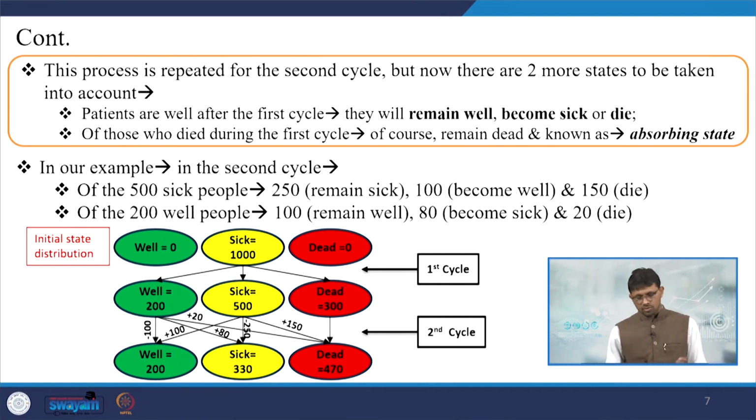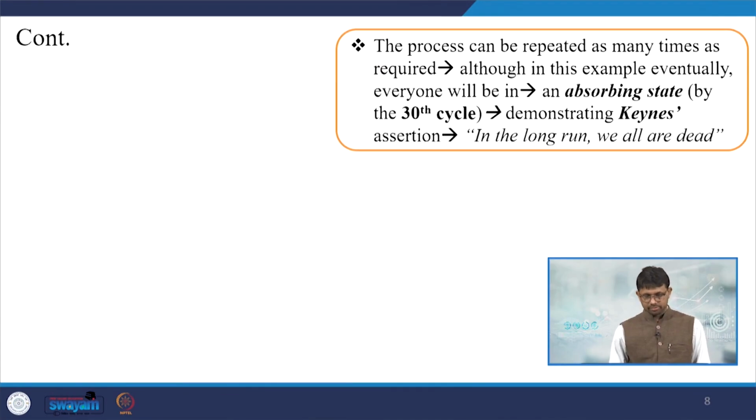Now, if we add all together, we find in total how many are dead and how many are sick by the end of the second cycle. The process can be repeated as many times as required, although in this example eventually everyone will be in the absorbing state by the 30th cycle, as mentioned by the author.